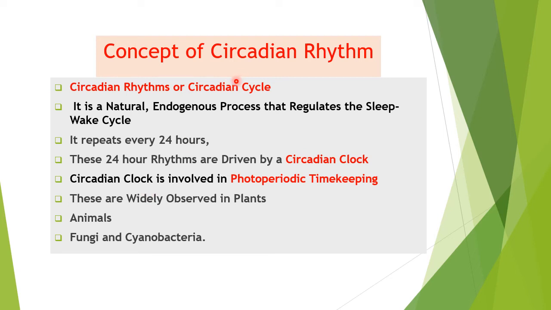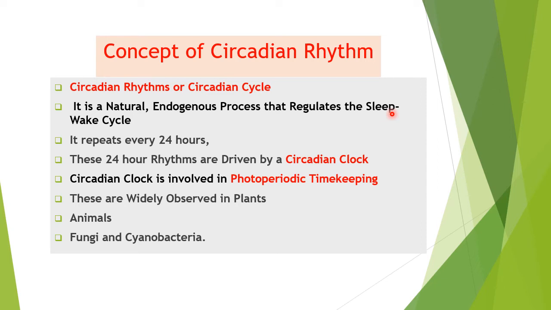The concept of circadian rhythm: we have already discussed that there is a biological clock, but at the same time there are circadian rhythms or a circadian cycle prevailing there. It's a natural endogenous process that regulates the sleep-wake cycle.